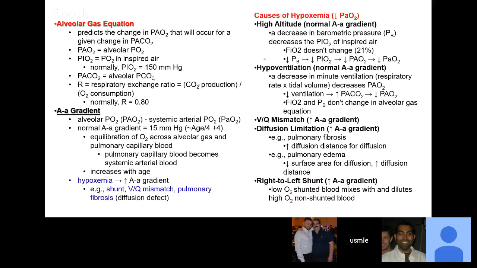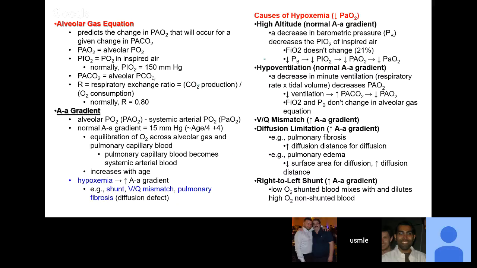So some of the equations that can be asked sometimes for your steps is about, first of all, understanding the causes of hypoxemia. Those are high yield questions. It is to know the exchange, the alveolar arterial exchange gradient, and to understand the alveolar gas equations that can be given.